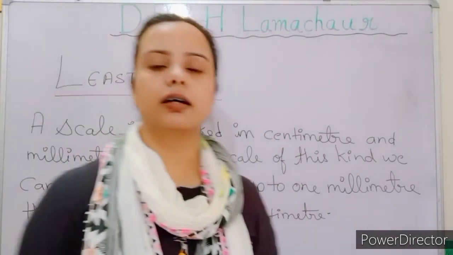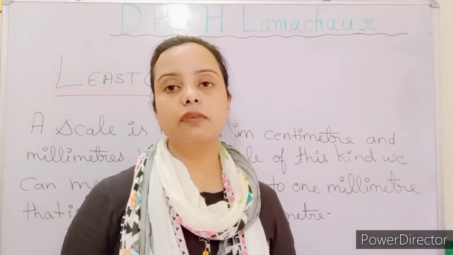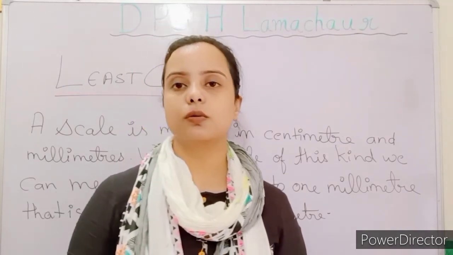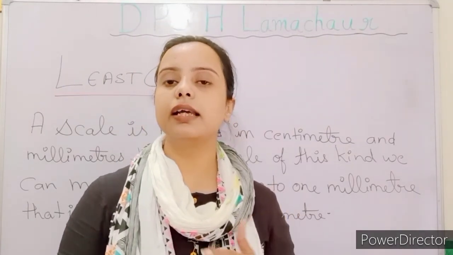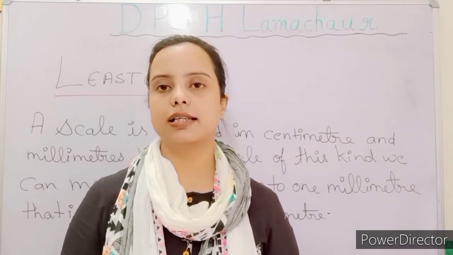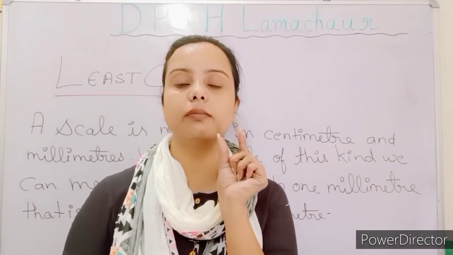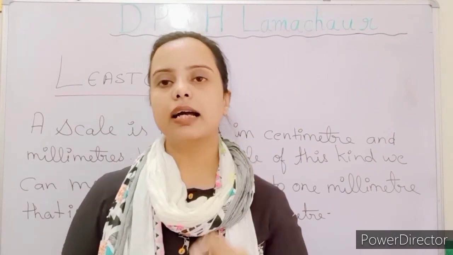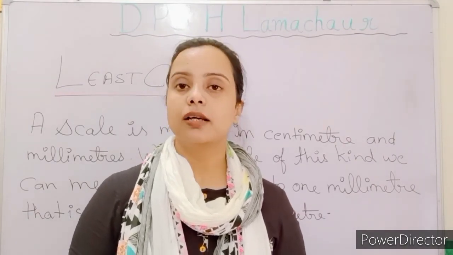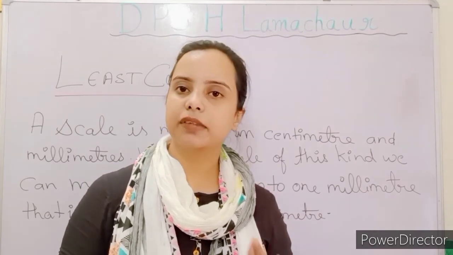Basically, the smallest unit that we measure is known as the least count of any measuring instrument. That is, 1/10 is the least count of the 15 centimeter scale. Okay, जो सबसे छोटी यूनिट जो हम लेते हैं इस मेजरमेंट का, that is known as the least count.